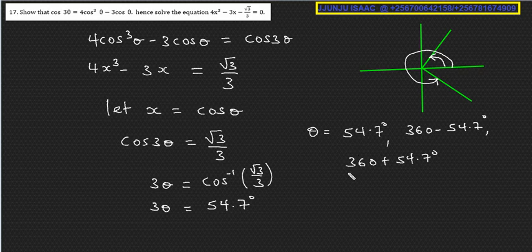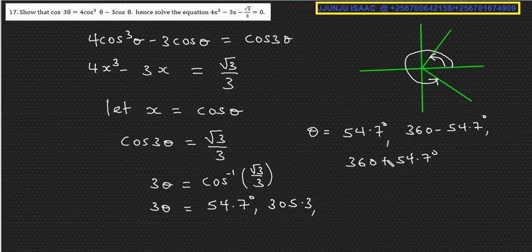So let us see what we get when we take 360 minus 54.7. This gives us 305.3.